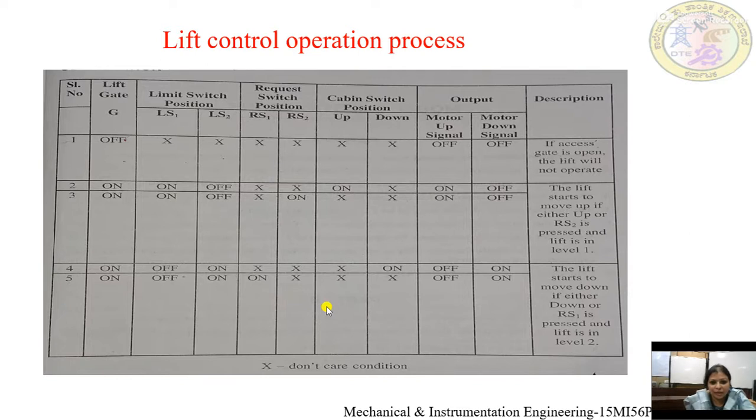So this slide clearly gives the information about the lift gate and its various conditions, limit switch and its various conditions, request switch, like cabin switch position, that is up and down, and the motor up and down movement of the overall lift movement towards the up and down direction. So just carefully follow this table. Hope you were able to understand clearly the overall operation of the lift control.